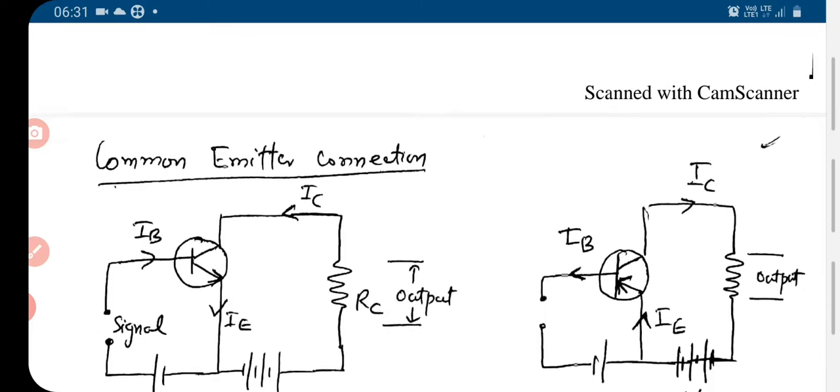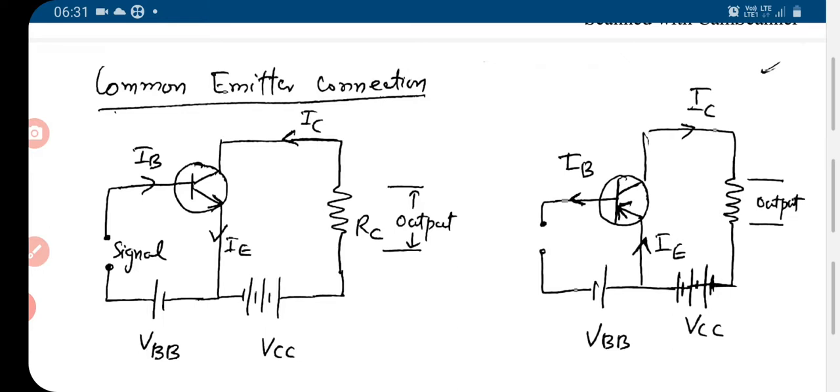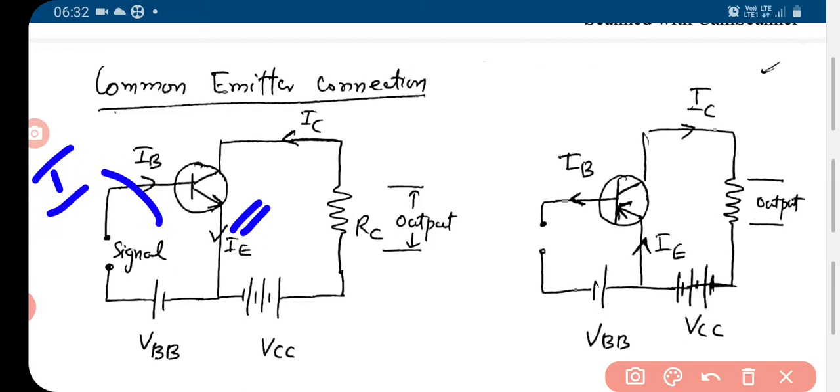Now we move on to common emitter connection. Here we can see the emitter is common to both input and output circuit. This is the input circuit, and this is the output circuit. The emitter is common to both.